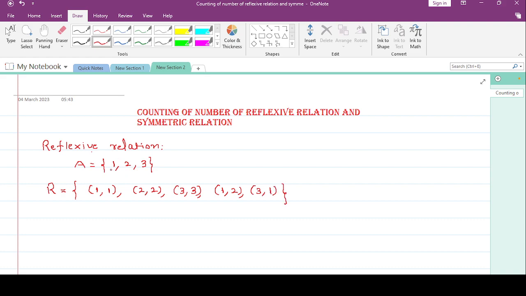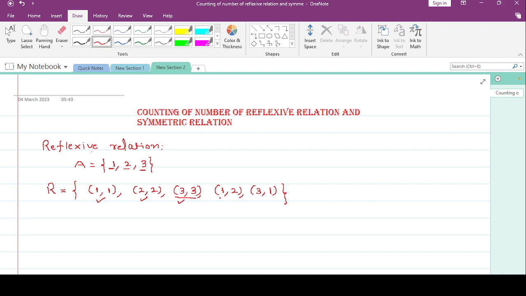Then see, as we have 1 in the set, we have (1,1) in the relation, it is okay. We have 2 in the set A, so we have (2,2) in the relation. If we have 3 in the set, then we have (3,3) in the relation. So whatever elements you have in the set A, their same ordered pair should be inside the relation.